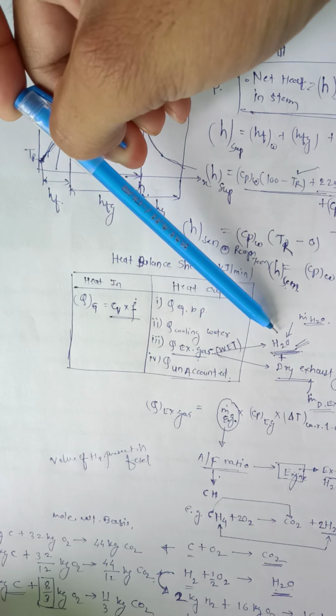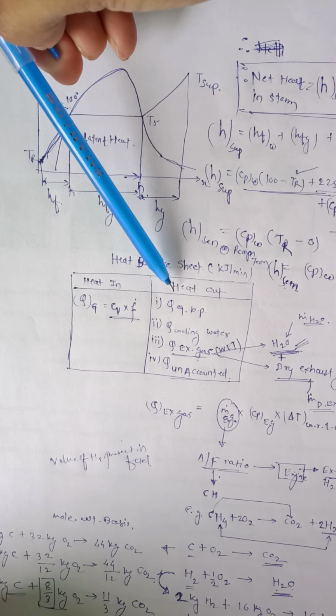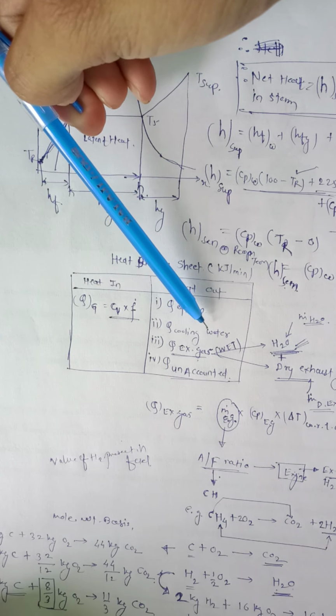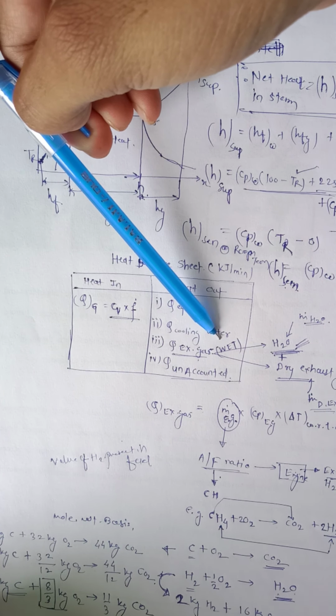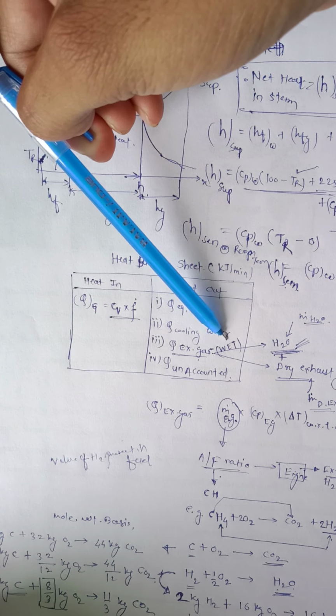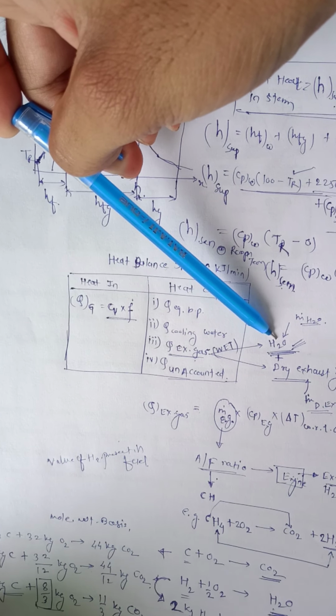So we have to add one more column in our heat balance sheet, in the heat outlet column. It is not only the heat exhausted by the total weight of exhaust gas, but also we have to consider this bifurcation.